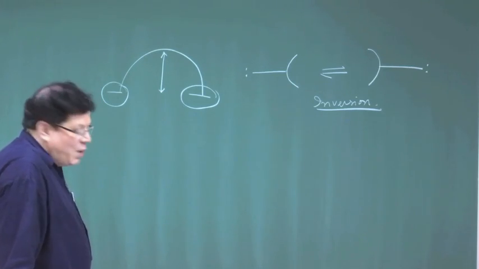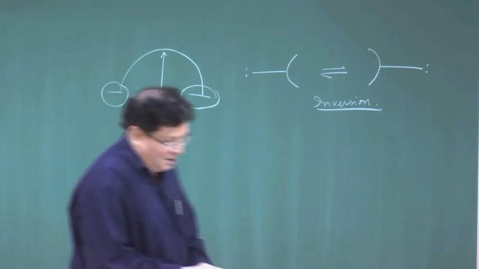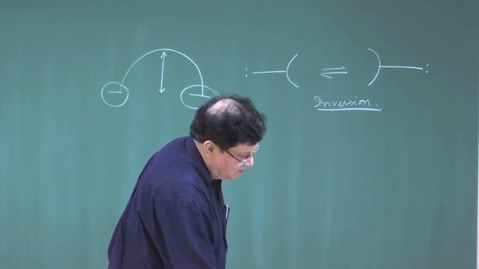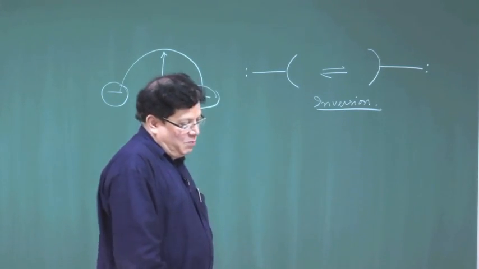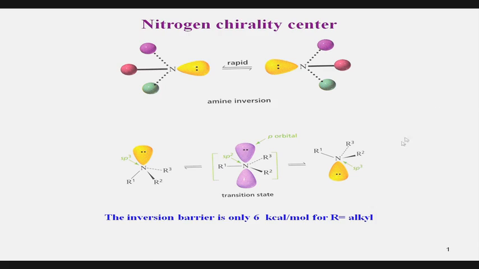However, there are ways to... let us inspect this inversion process again through the slides. What happens here, because this inversion cannot happen by just jumping to the right side.